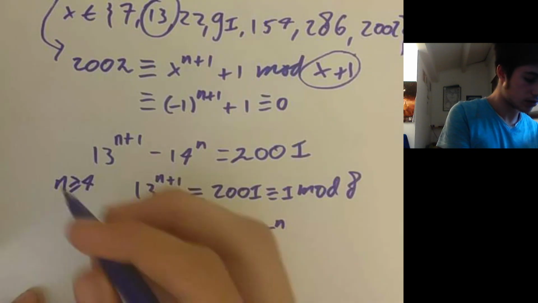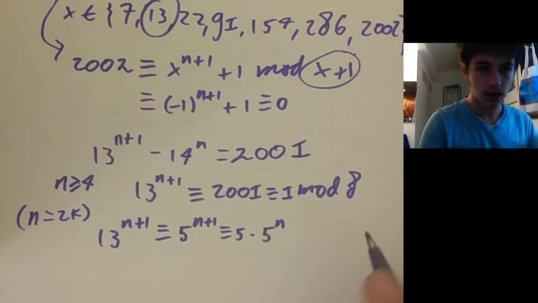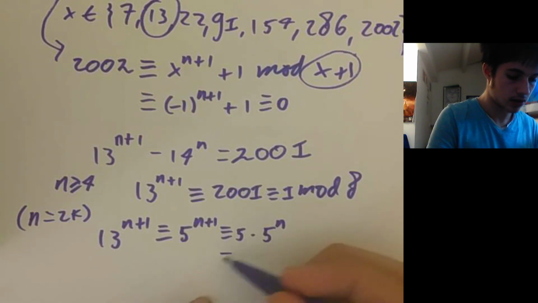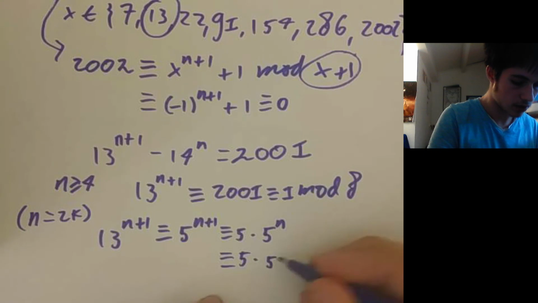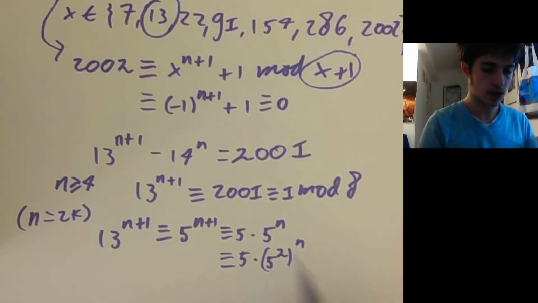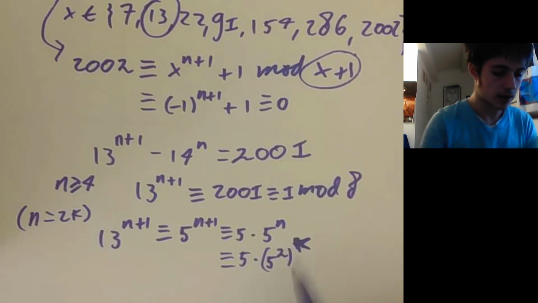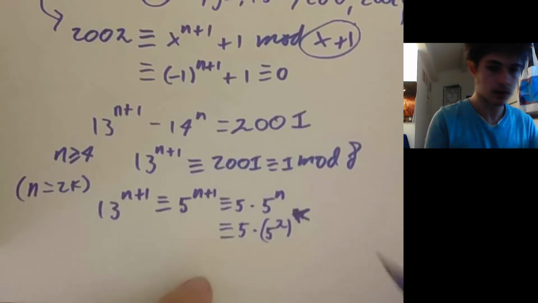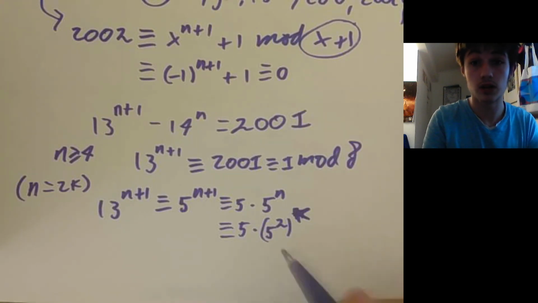Let's here suppose n is equal to 2k, and we can write this as 5 times (5^2)^k. Well, 5 squared is equal to 25.